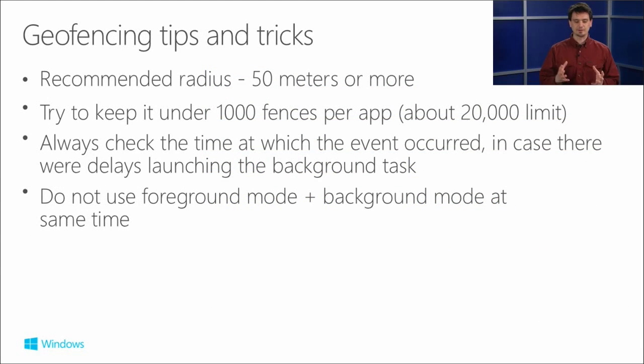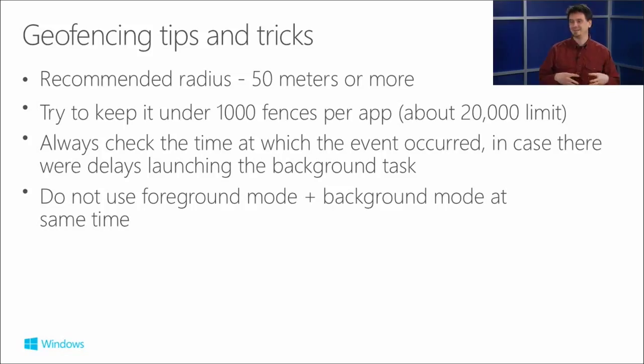The tips and tricks. The recommended radius for a geofence is 50 meters or more. You really don't want to create these little tiny geofences because you're going to be dealing with accuracy issues, and it's just easier on the system and for accuracy's sake to have these relatively larger geofences. And this is the exciting part.